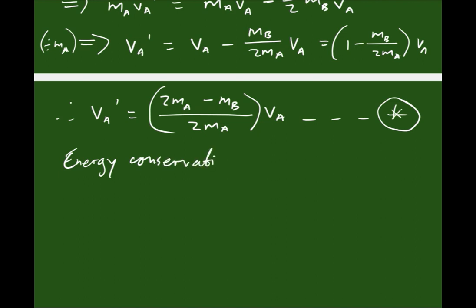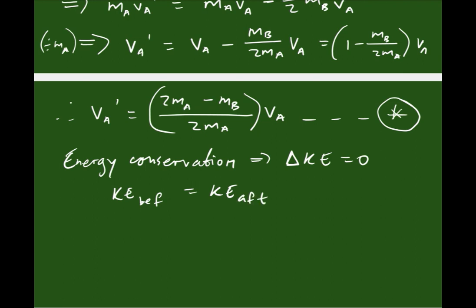And this implies that the kinetic energy is conserved here. So the change in kinetic energy is 0. So the kinetic energy before the collision is equal to the kinetic energy after the collision.